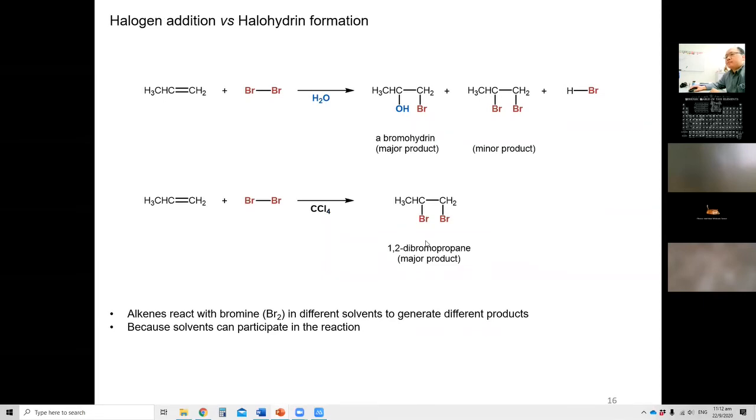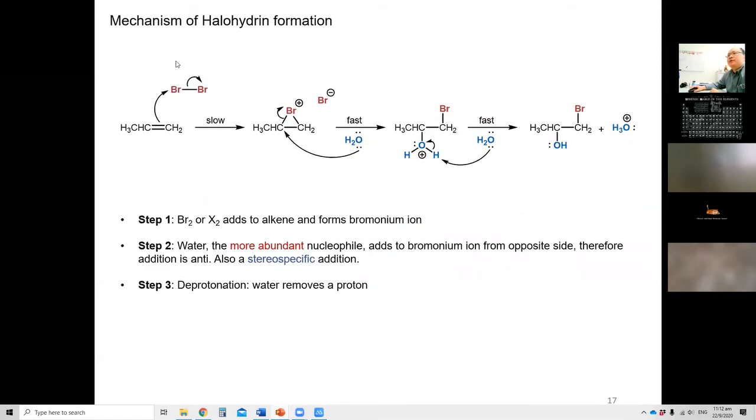Okay, so the mechanism of the halohydrin formation, the first part of the mechanism is similar to the dihalogen addition. So the alkene will add into the bromine first and kick off this bromine to generate again this bromonium ion. And now, instead of the bromide adding to this carbon, the water adds to the carbon. Because why? Because water is used as a solvent, and the solvent is in a very, very large amount.